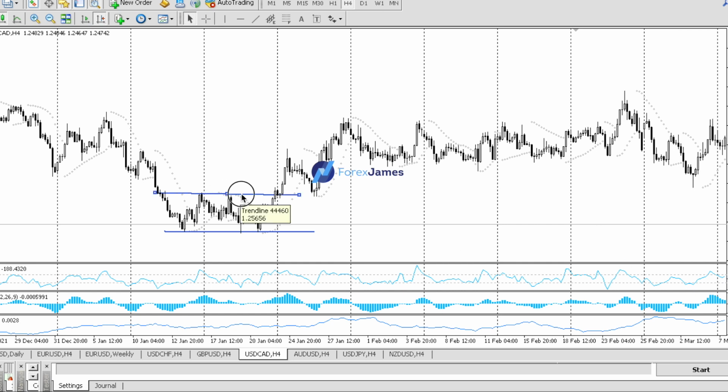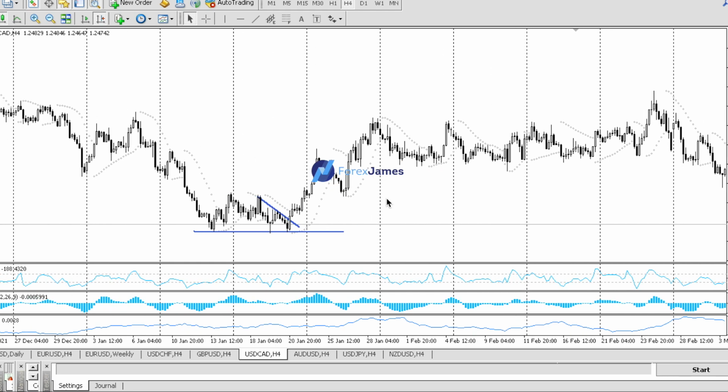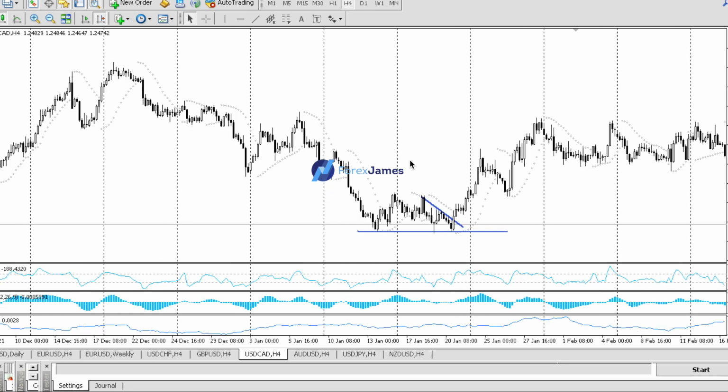There are many ways to draw, or if you had seen something different, you may choose to draw a steeper line like that. It's all valid, guys. But with the SAR, it's objective. You trade when it tells you to.